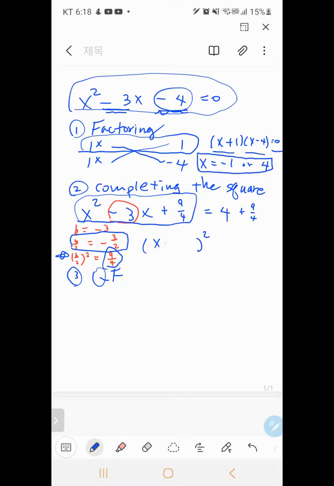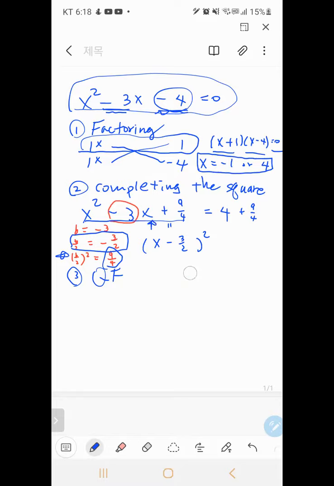So I know this is x minus 3 over 2. And the whole thing squared is the same as this guy right here. Okay, so if you're not sure if this really is equal to this, you can always go back and expand. You can FOIL it, and you are going to get this right here.